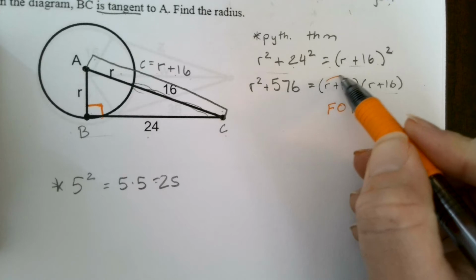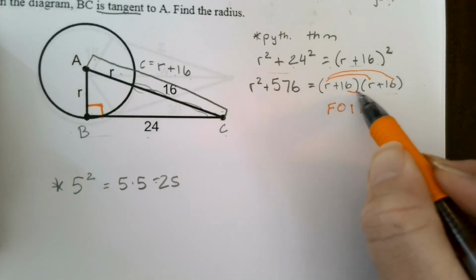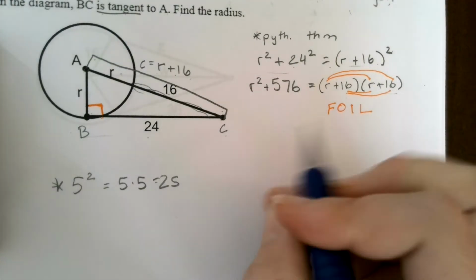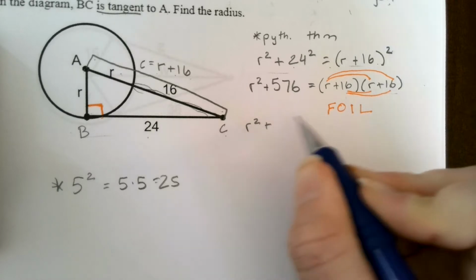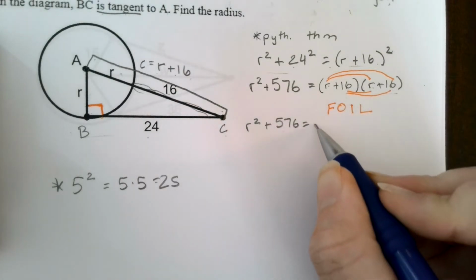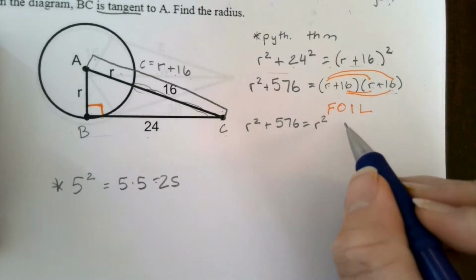Okay, so that means first, outer, inner, last. You're going to end up having to multiply all that out. So now I'm going to pick back up my pencil. I'm just going to quickly write this down again. First, so r times r is r squared. Outer, 16r.